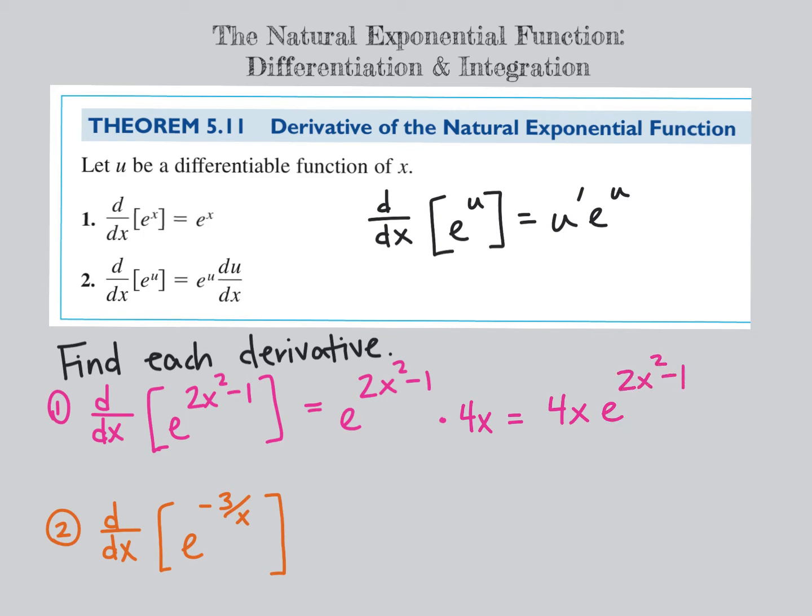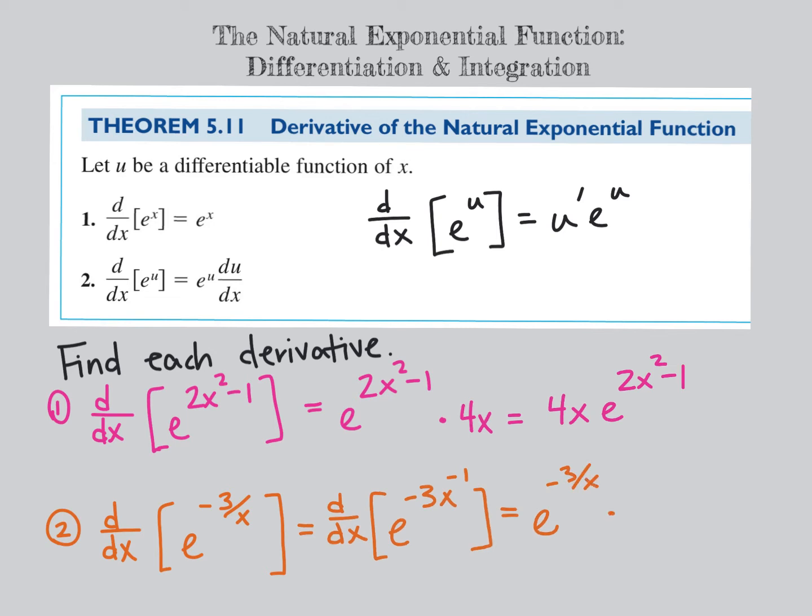In our next example, we want to take the derivative of e to the negative 3 over x. So what I'm actually going to do is just simply rewrite this as e to the negative 3x to the negative 1. Then it's a little bit more apparent how we're going to be using the power rule here, just like we did in the first example. So we are going to take e to the u. Our u is negative 3x to the negative 1. So we'll have e, and I'll just write it the way that it was initially written.